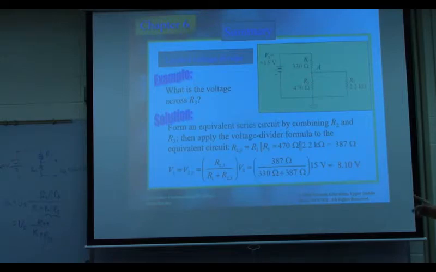Step 1 is to calculate the parallel of R2 and R3. You get this number, 387. Then you use V3. V3 equals V2,3 because they are in parallel, right? Then that is the voltage divider we discussed before: R23 divided by the total R1 plus R23, then times Vs, equals 8.1.